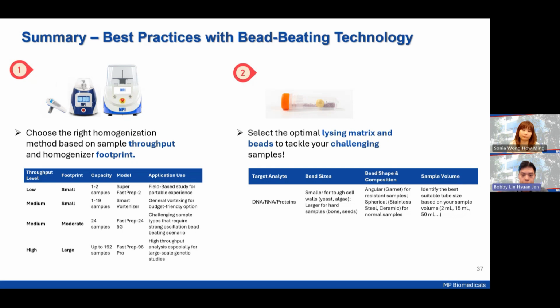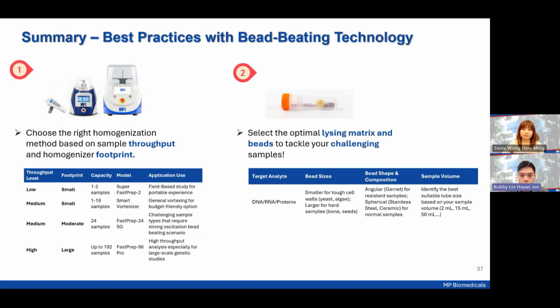As we go higher in capacity or sample volume, we would choose a more capable homogenizer, such as the FastPrep 24 for a maximum of 48 samples. For even higher throughput, you may go for the FastPrep 96 Pro.